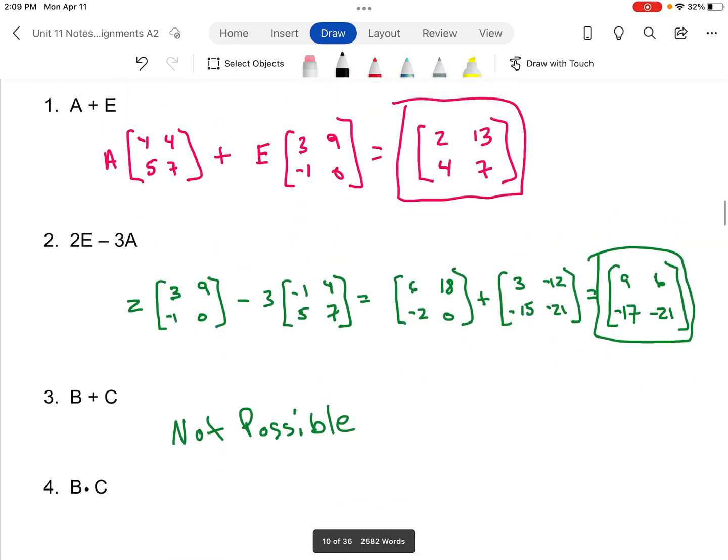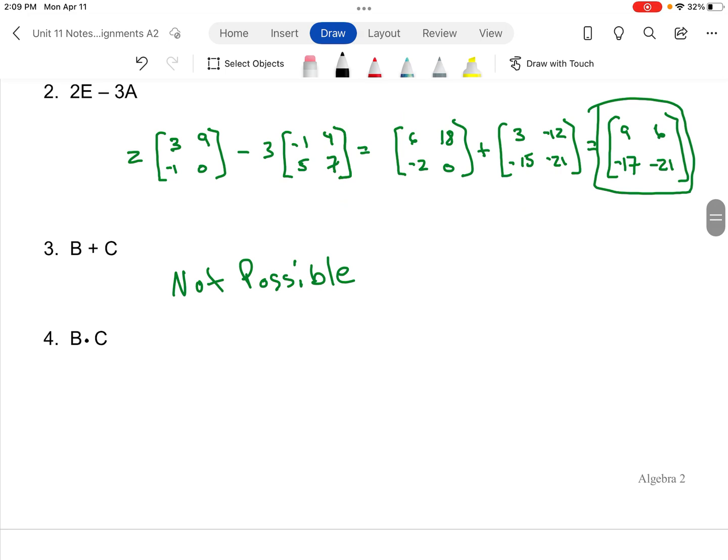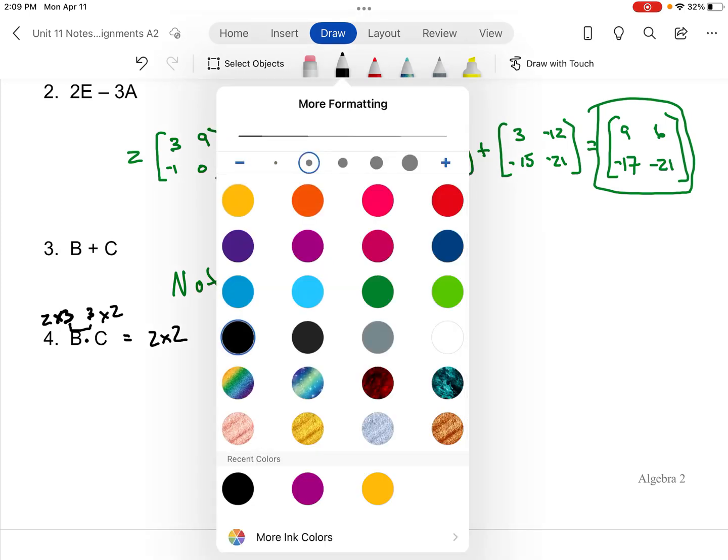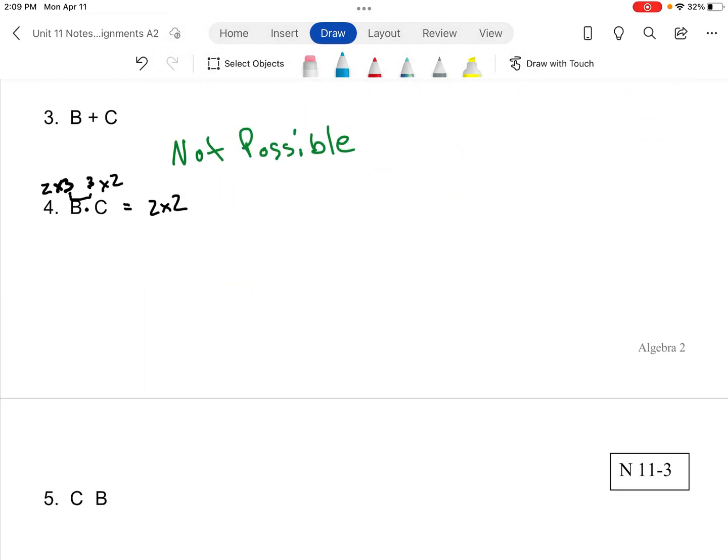So B is 2x3 and C is 3x2. So these middle numbers do match, so they can be multiplied, and the resulting matrix will be a 2x2 matrix. Okay, so if you remember, multiplying matrices was a whole lot of fun.